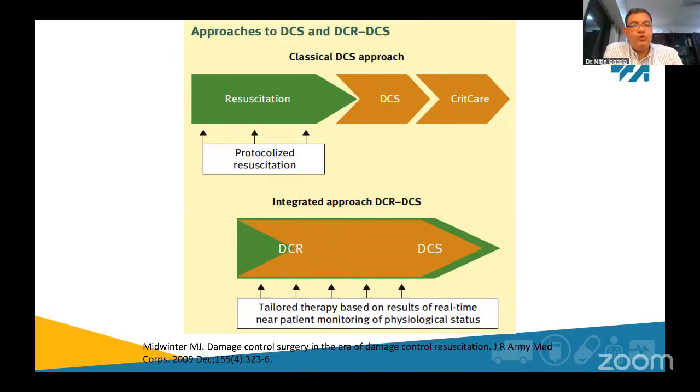The classical approach was resuscitation, which is what we did, giving blood products, identifying the injuries, then they go to surgery, then they go to critical care. During the surgery, they would do whatever they can to fix everything. Whereas we now need to integrate the whole thing. What does that mean? That means that the surgical process should only be about an hour.